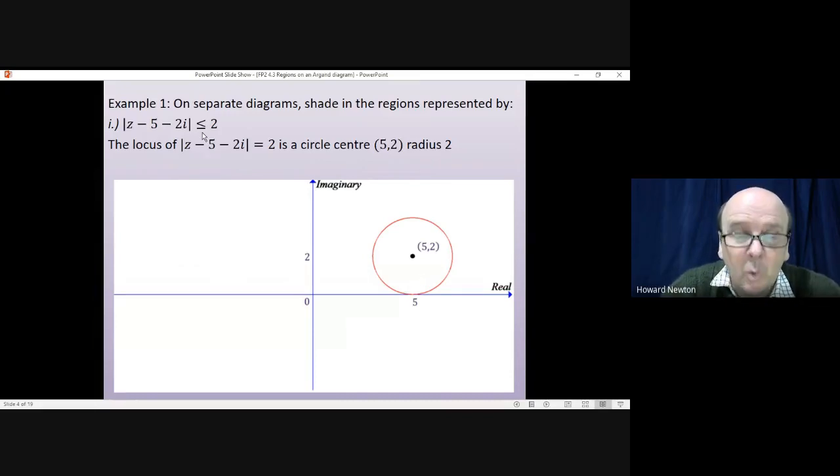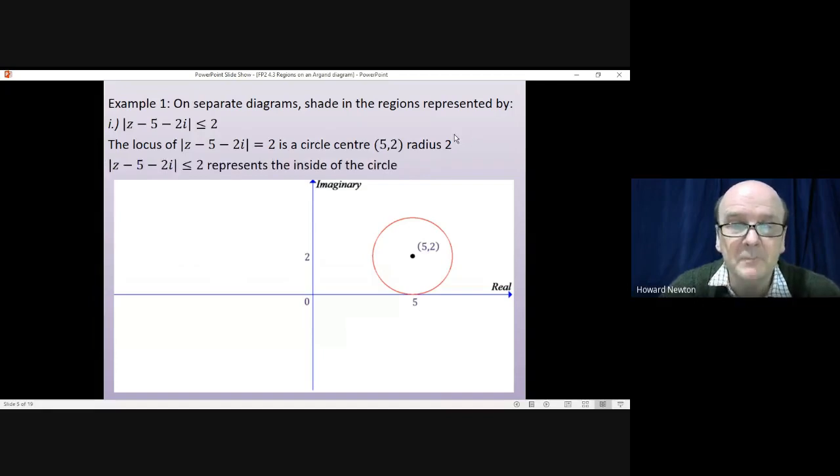Now, we have an inequality. We're being told that the distance of z from this point has to be less than or equal to 2. That means we could be anywhere inside this circle, including on the perimeter itself, because equals 2 has been allowed. So that inequality represents the inside of the circle, including the circumference, and it would give you that.